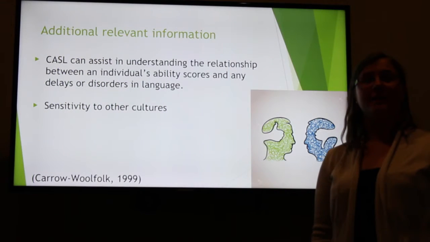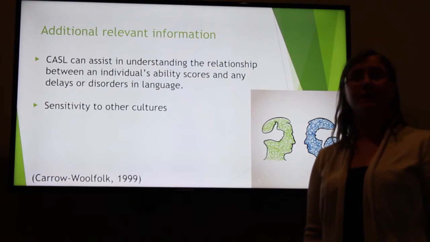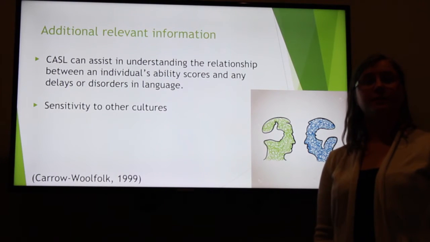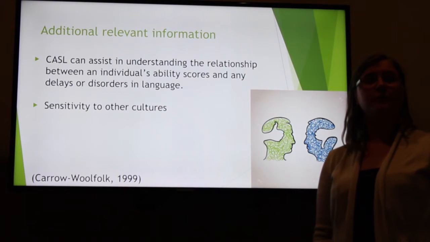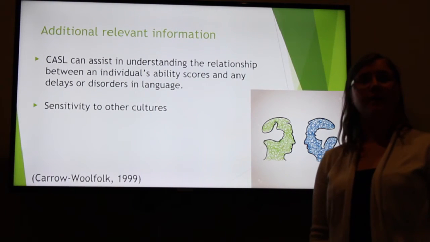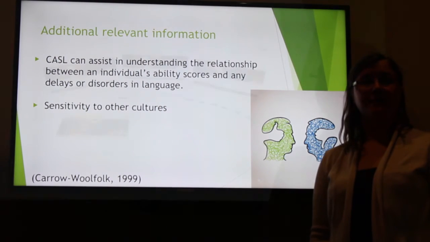The CASL can help SLPs to understand the relationship between an individual's ability scores and any delays or disorders in language. Individuals representing the perspectives of African Americans, Asians, Hispanics, Native Americans, and women reviewed the content of the CASL during development, and changes were made following these reviews. Artwork was considered in the decision-making process.